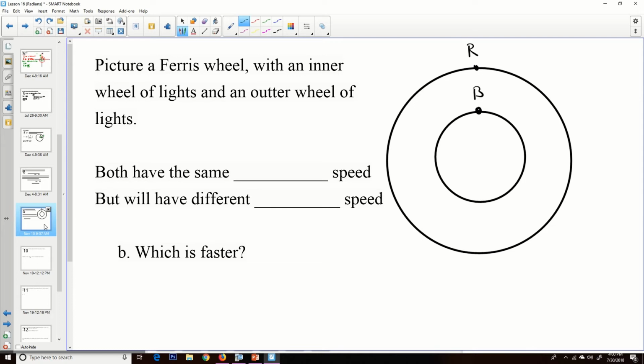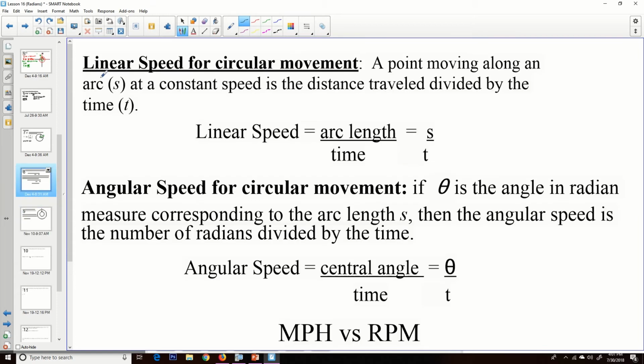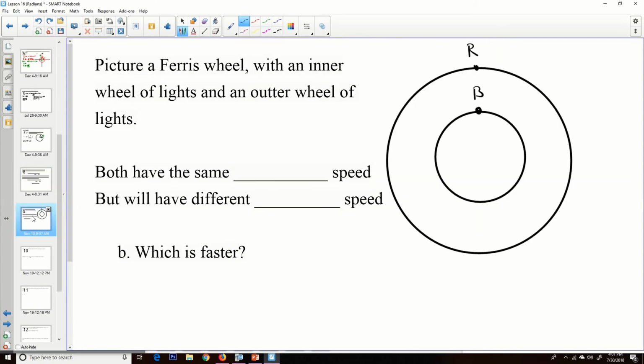As that red and that blue light travel around the circle, they will have a similar either linear or angular speed, but they'll have one that's the same and one that's different. And so think about it this way.